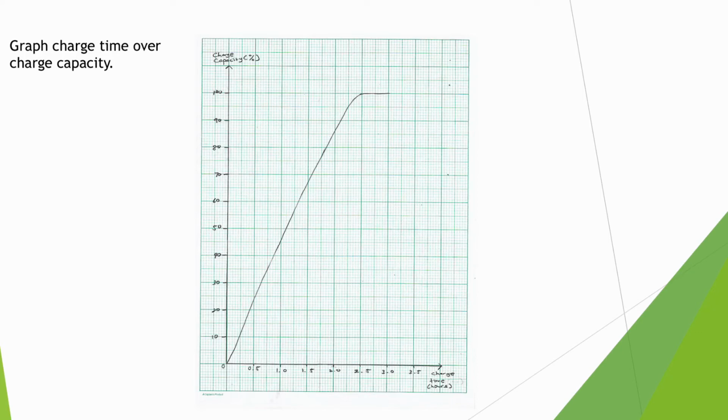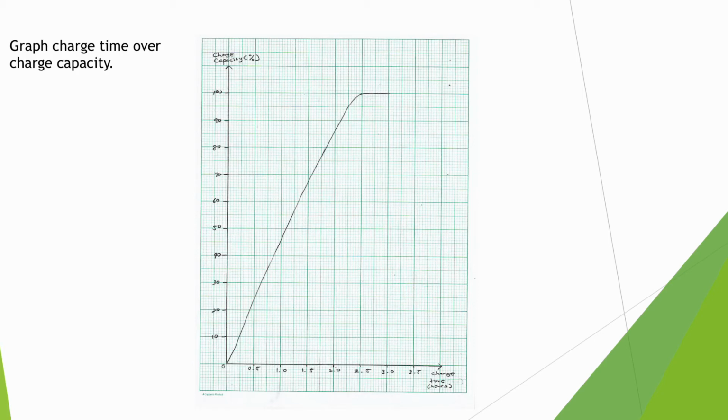Okay, the next graph is a graph of charge time over charge capacity. So we can see the charge capacity to get to 100% takes 2.5 hours.